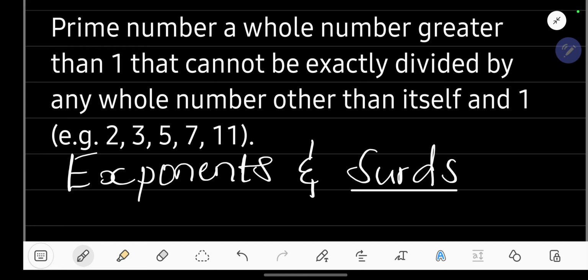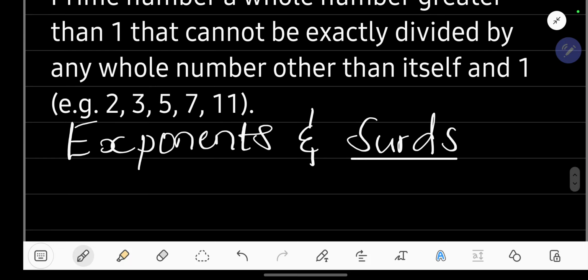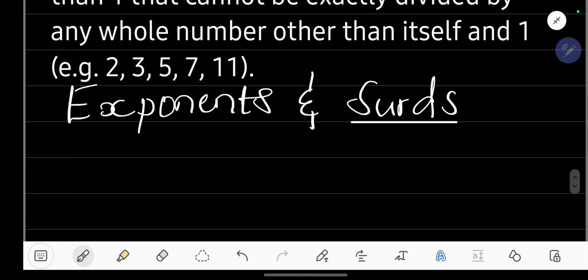I have a description of a prime number here, which I took from Google. It says that a prime number is a whole number greater than 1 that cannot be exactly divided by any whole number other than itself and 1.